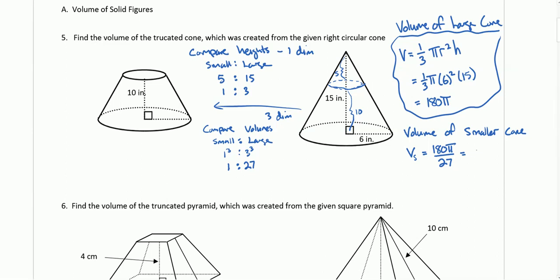And we can reduce that. If we divide top and bottom by 9, we end up with 20 pi over 3. As a decimal, I'll round it, 6.7 pi.